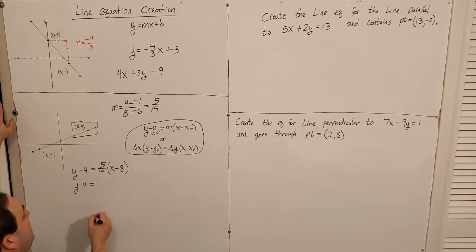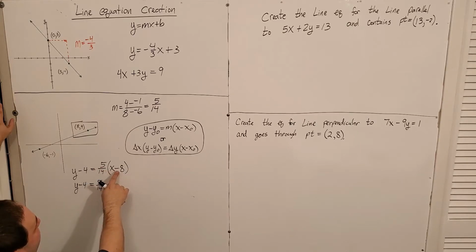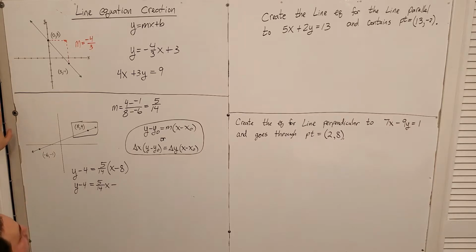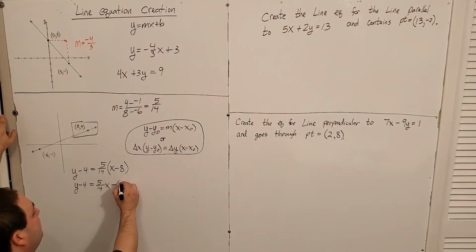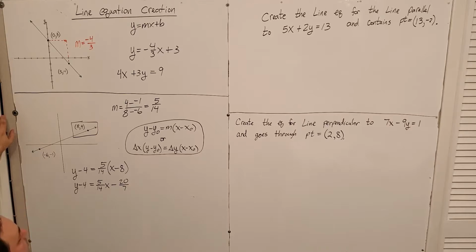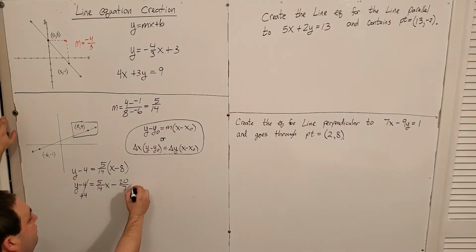y minus 4 equals, I'm going to distribute. I'll have 5/14 x. And then 14 and 8 will reduce by 2. So I'll have 20 over 7 after you reduce that, right? Because it'll be 40 over 14. And then, so 20 over 7. I still have to get y by itself here by adding 4 to both sides. But instead of putting plus 4 here, I know it's tempting to go ahead and put the 4 there.